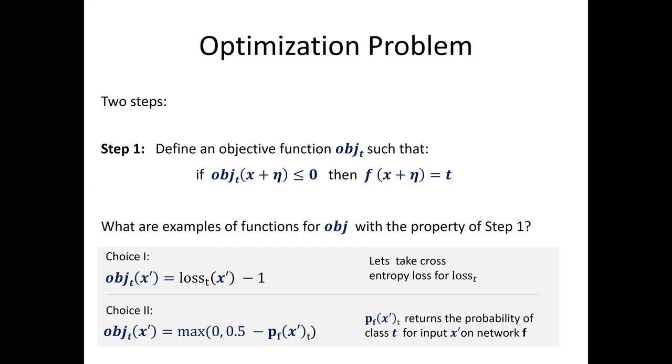Another could be taking the max of 0 and 0.5 minus the probability of class t under the model f for the input x prime. So what's the probability that x prime gets classified to t by the model f?